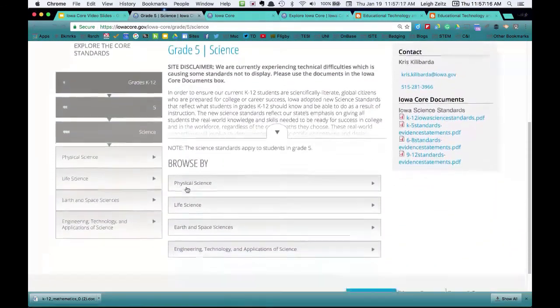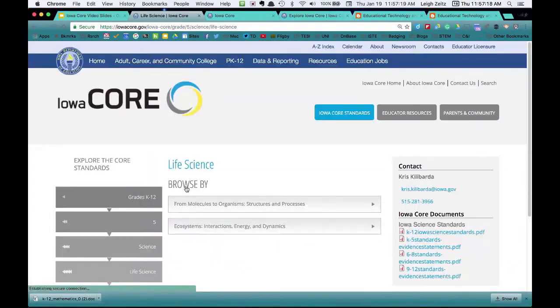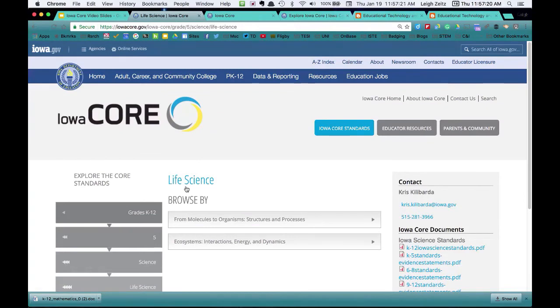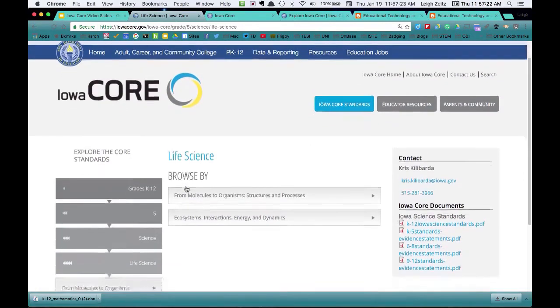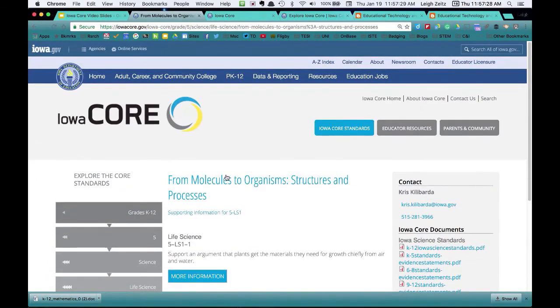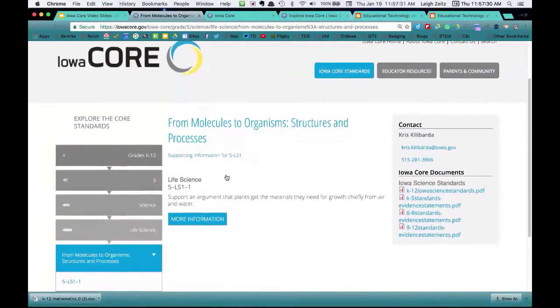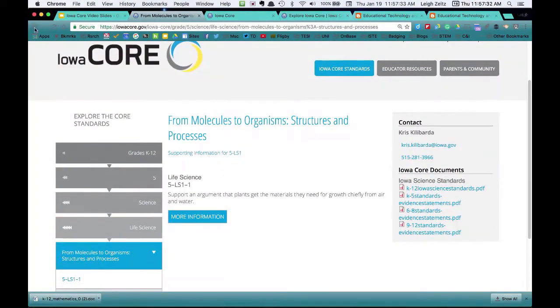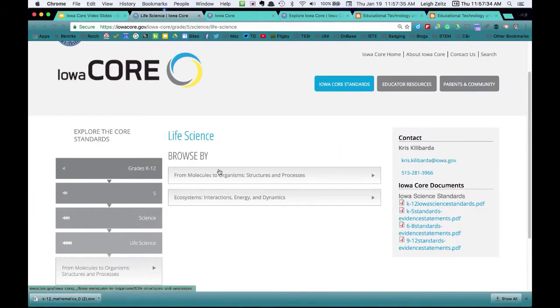And under science, let's go down to life science because we would like to do something dealing with plants. And now we talk about molecules to organisms or ecosystems. I think that molecules to organisms is pretty much what we want to do. And let's go back one on that. And that is that molecules to organisms is going to be your essential concept or goal.